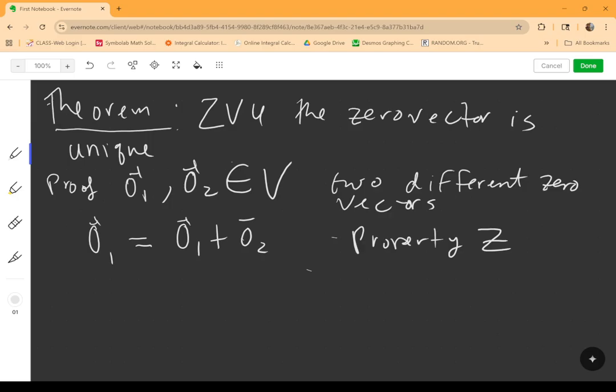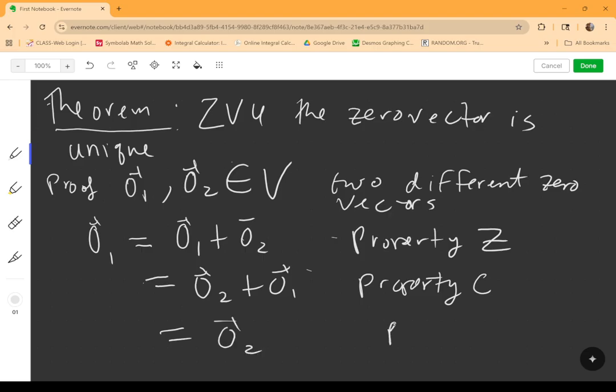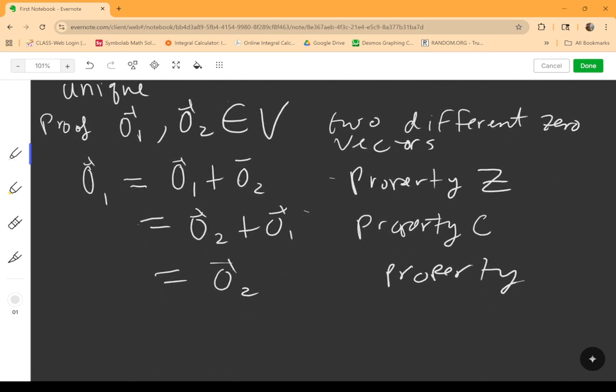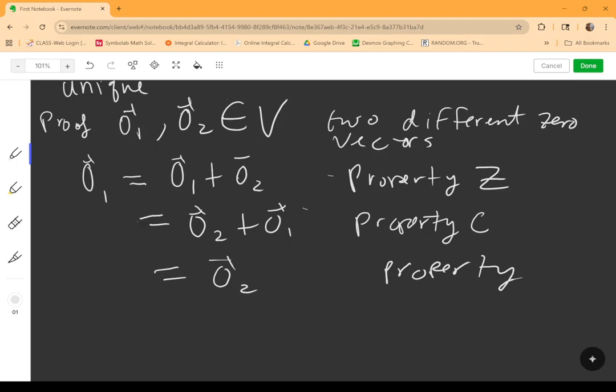From here, we use the commutative property, property C. And then lastly, we apply the zero property again. And then we get at the end that our zero vector 1 is equal to the zero vector 2.